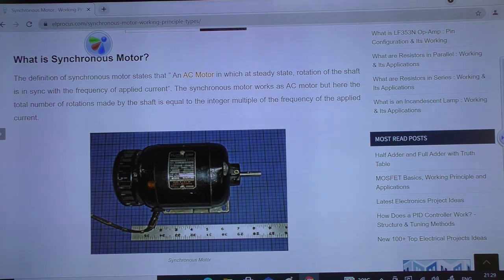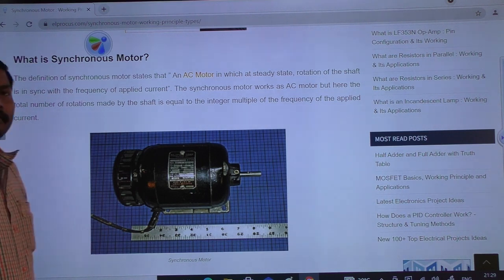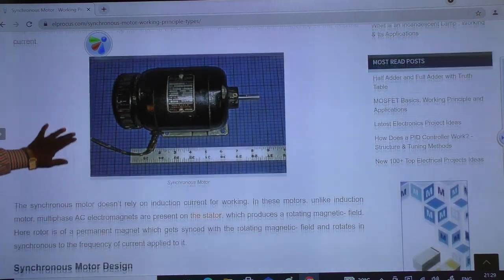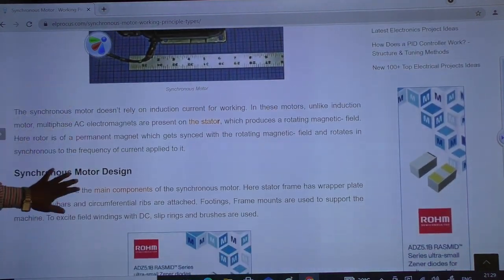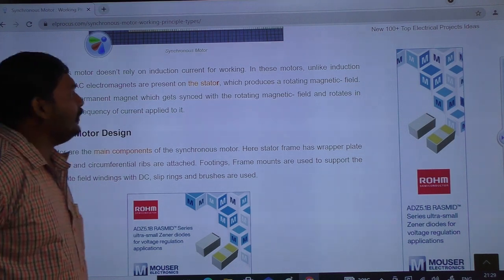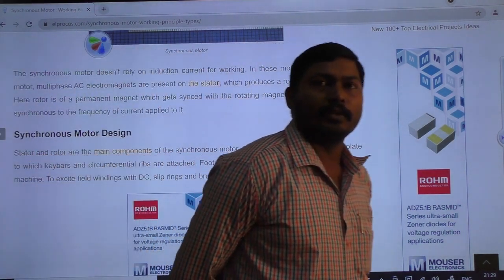The synchronous motor works as an AC motor, but here the number of rotations made by the shaft is equal to an integer multiple of the frequency of the applied current. The synchronous motor does not rely on induction current for working, as we have discussed just a moment ago.